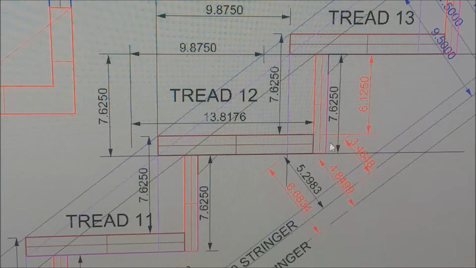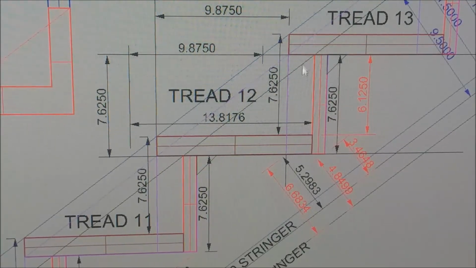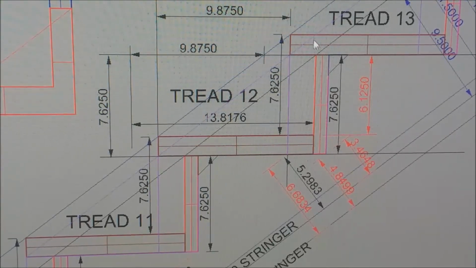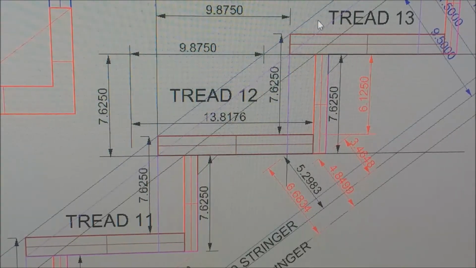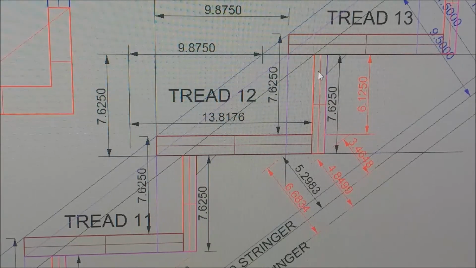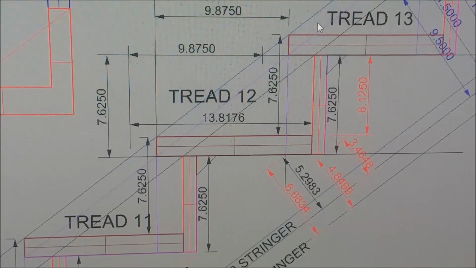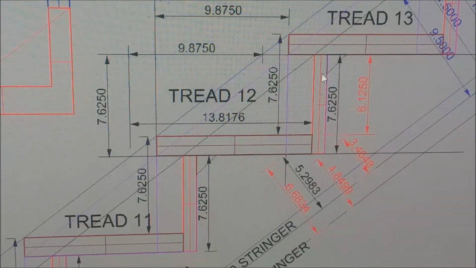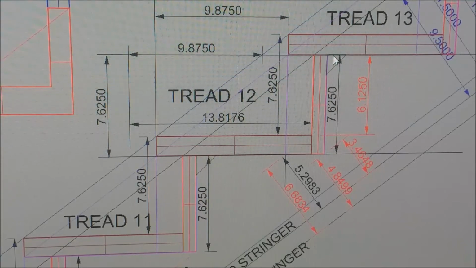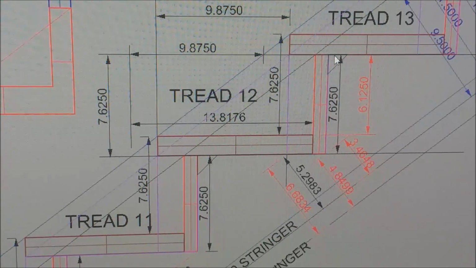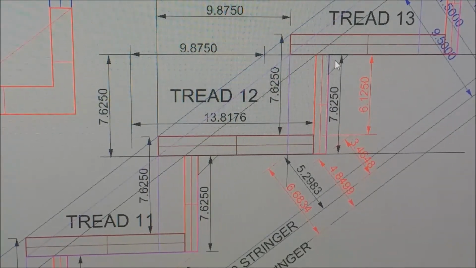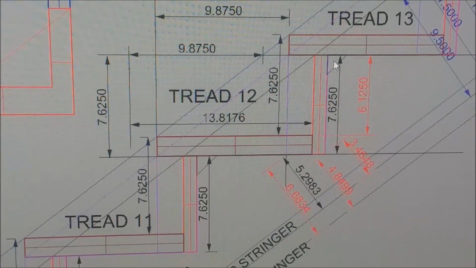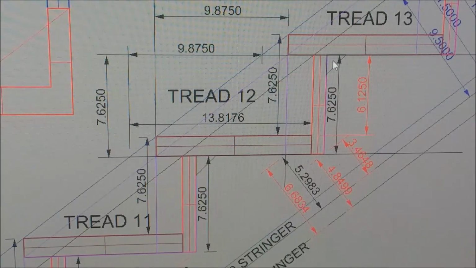You anchor the bottom right into the back of a tread, and the top of it is a glue block. Or if this was going to have ceramic tile or carpet on it, you could nail right down here into the end grain or the side grain, both of them through the side grain actually, or screws like decking screws. And the glue block is just a security. You can stick them up there or not. This doesn't have to be continuous. It's better to do it in like 3 pieces, 6 inches from each end and 1 in the middle.